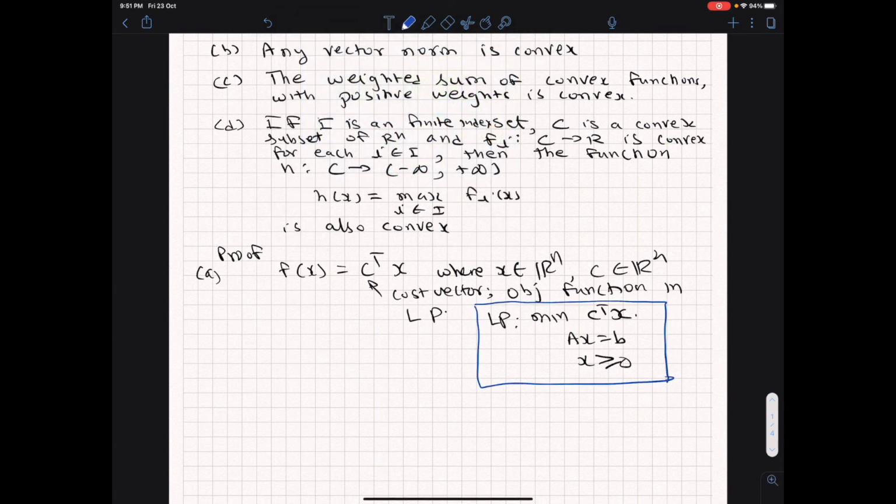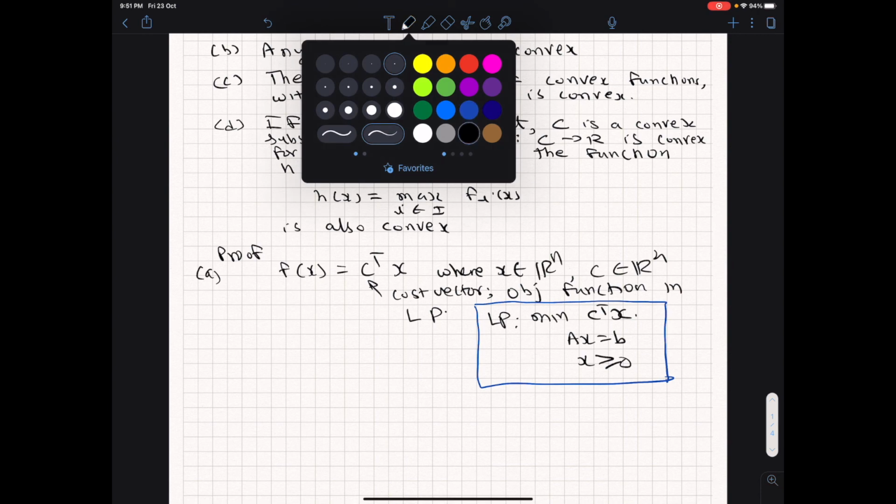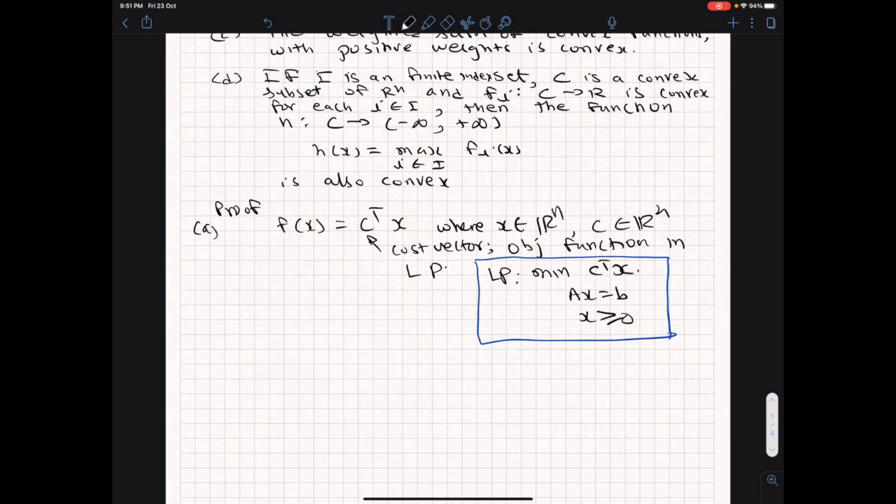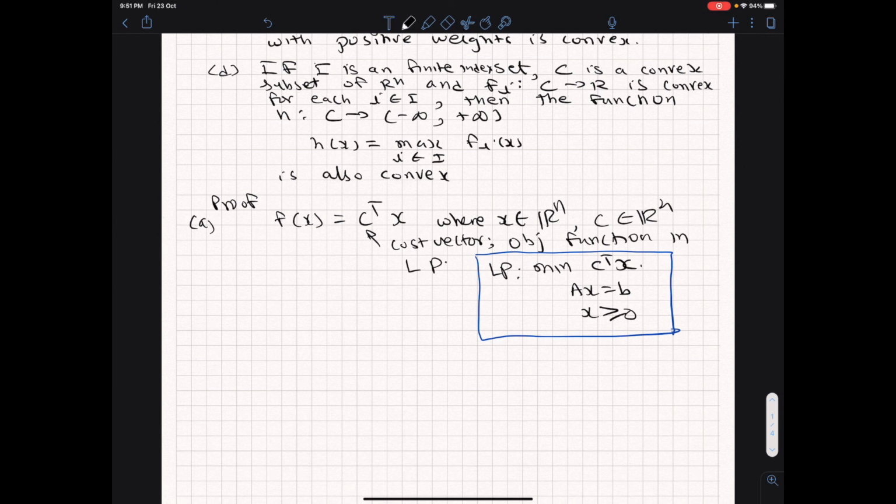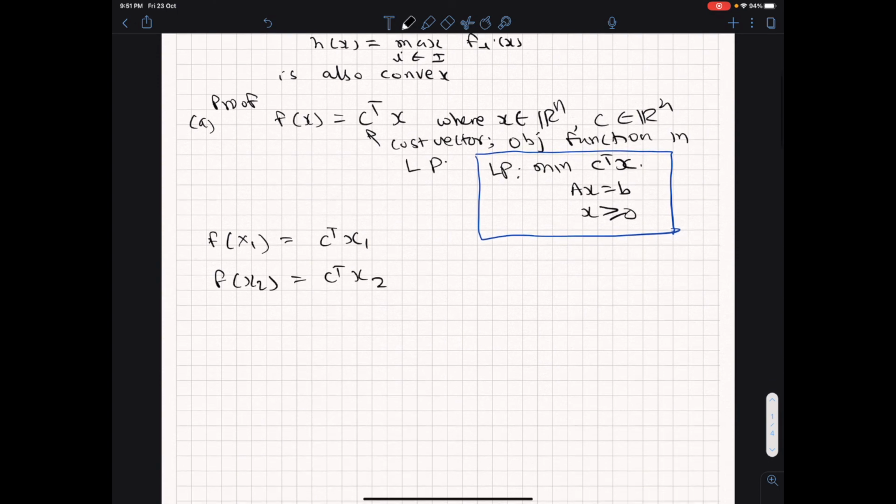I think I have discussed linear programming problems in my very first earlier lecture, so you have some idea of that. Now what we are saying is that this objective function of linear programming is convex. So what should we do? We should first take two arbitrary points, x1 and x2 in Rn, and they give you costs of c transpose x1 and c transpose x2.